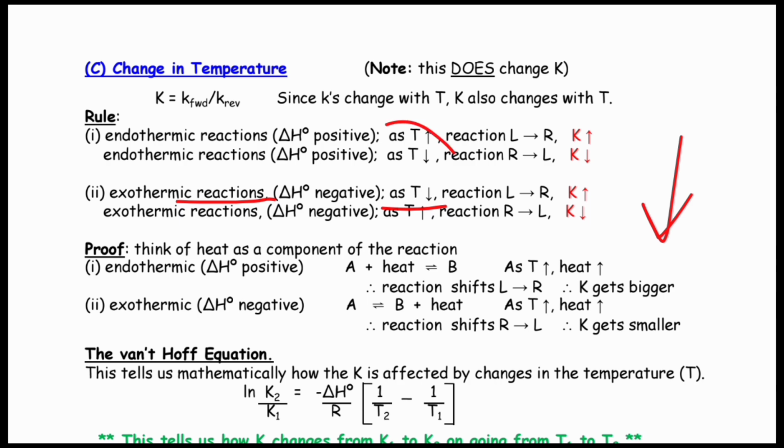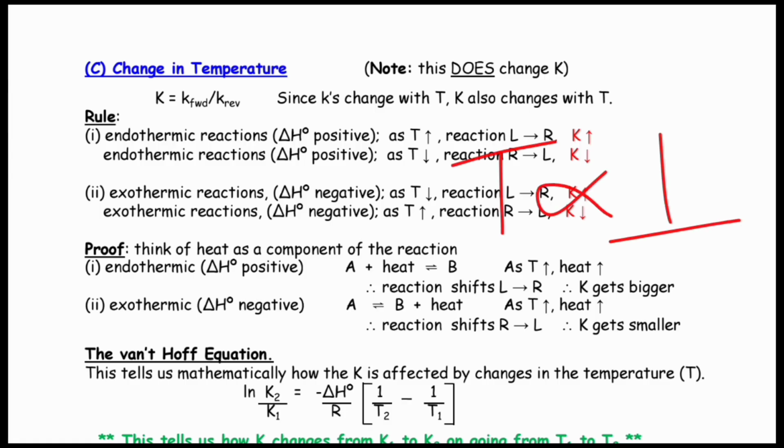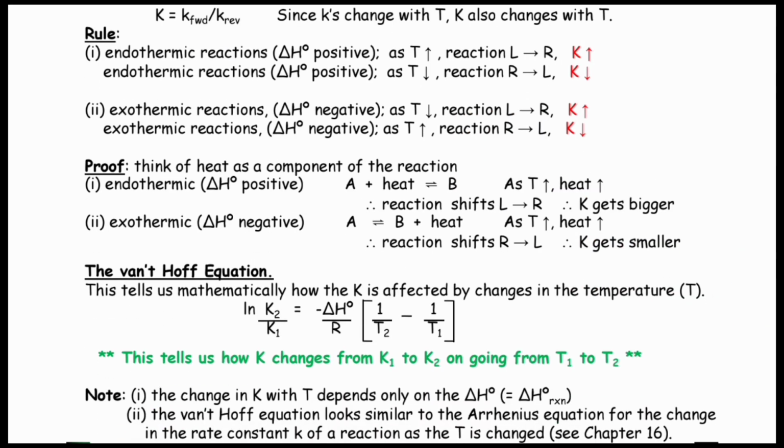You can see when an endothermic reaction's temperature is decreased, it moves from right to left, but when an exothermic reaction's temperature is decreased, it moves from left to right. It is totally opposite. So what is the relation of temperature with the exothermic reaction? Reverse, okay. When we increase temperature in an exothermic reaction, the reaction will move from right to left and K will decrease.